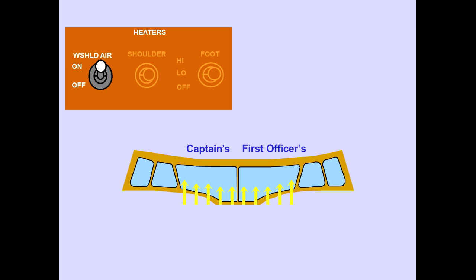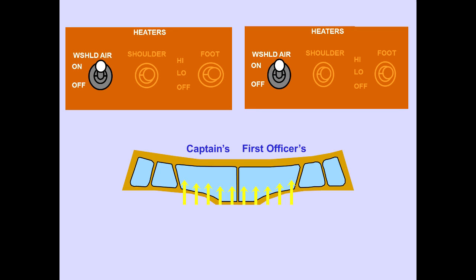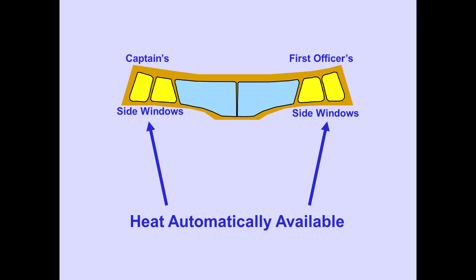Positioning the captain's or first officer's windshield air switch to on provides conditioned air for defogging the respective windshield. Heat for defogging the captain's and first officer's side windows is automatically available whenever electrical power is on the airplane.